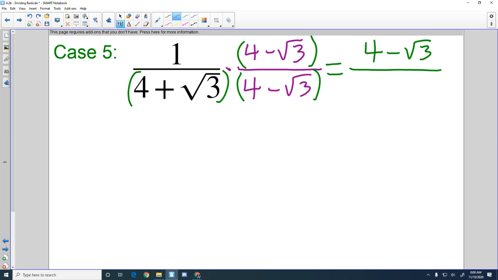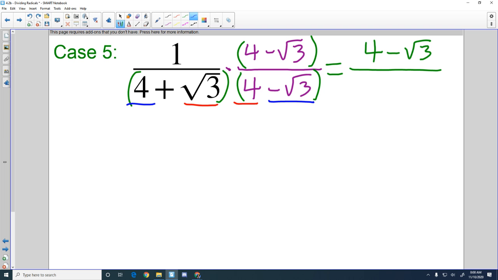Well, there's something really special that happens when you multiply two conjugates together. Normally, we'd have to do that whole distributing thing, like we did with our warm-up. Remember, you had 4 different products that we made. But it turns out, since these are the same terms on both sides, but one's got a plus and one's got a minus, when I multiply those two terms, I get 4 square root of 3. When I multiply these two terms, I get negative 4 square root of 3.